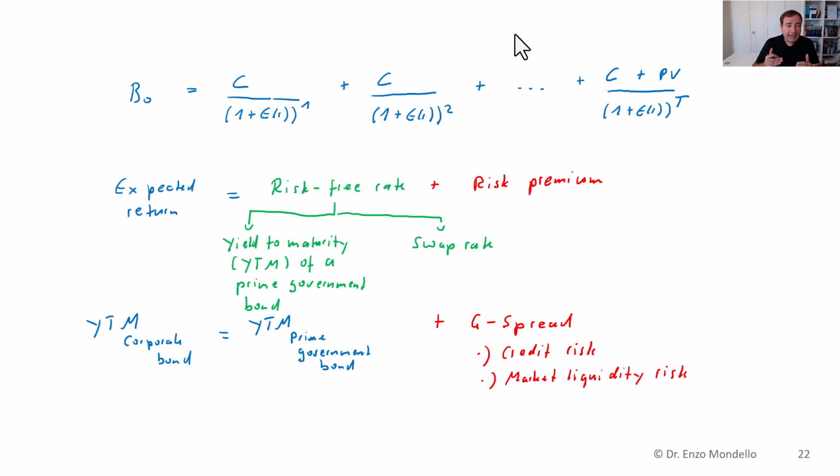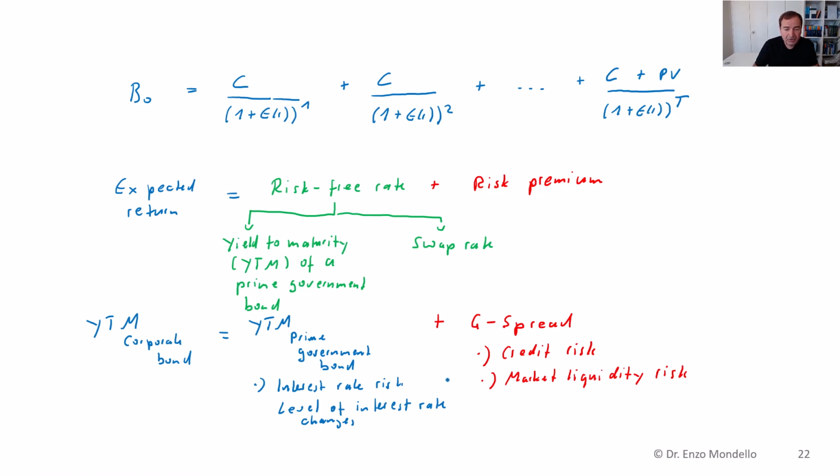Then a change in the level of interest rates affects the yield to maturity of a prime government bond. So that's interest rate risk, which occurs if the level of interest rates changes. It can be explained as follows.